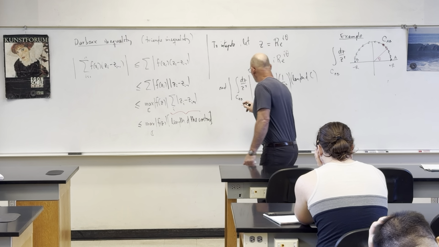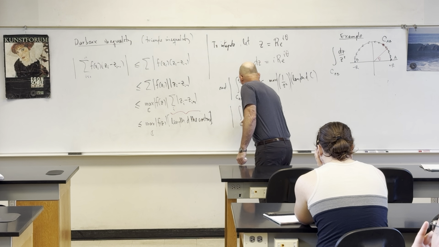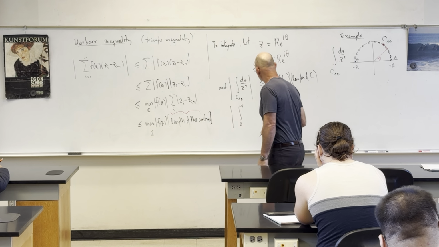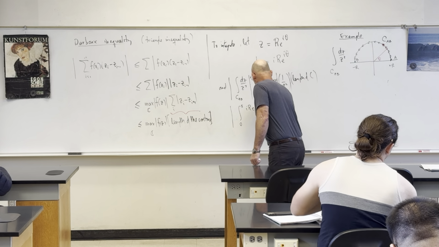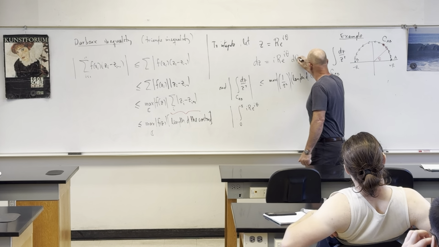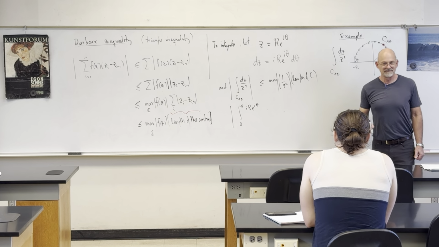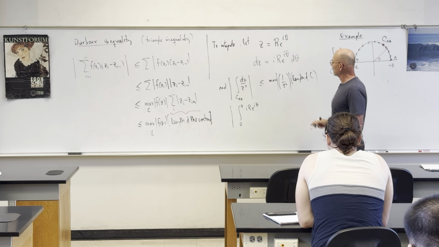Let's go ahead and do this a little bit more. So we have the integral from 0 to pi of I R e to the I theta d theta. Oh, I forgot, guys, the d theta.